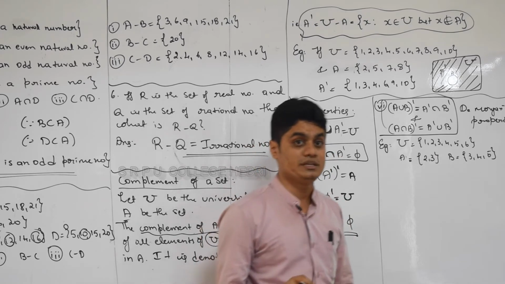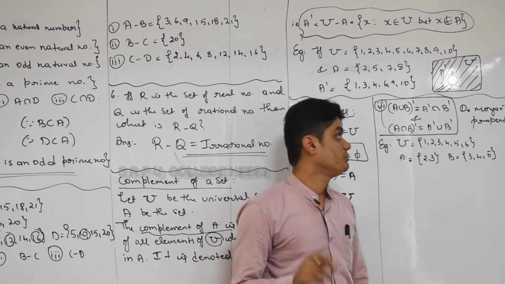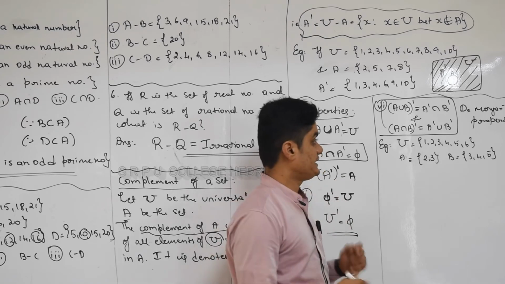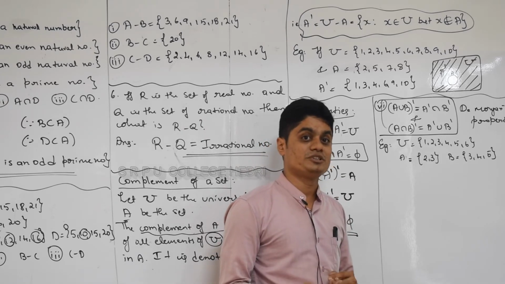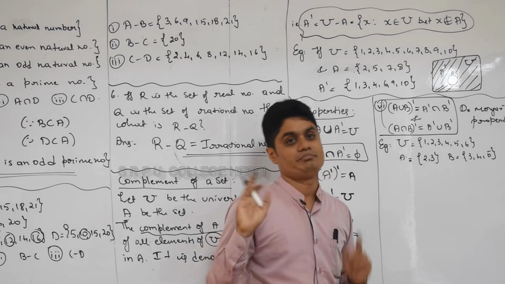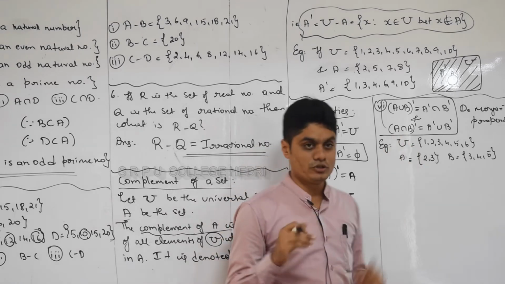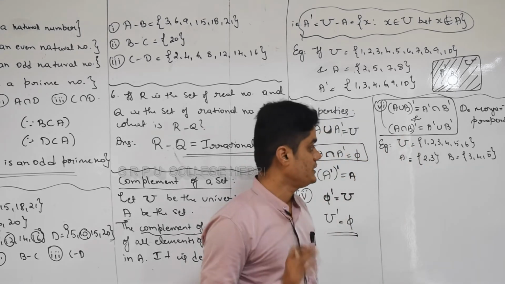A union B whole complement is A complement intersection B complement. Similarly, what will A intersection B whole complement be? A complement union B complement. A intersection B whole complement is A complement union B complement.